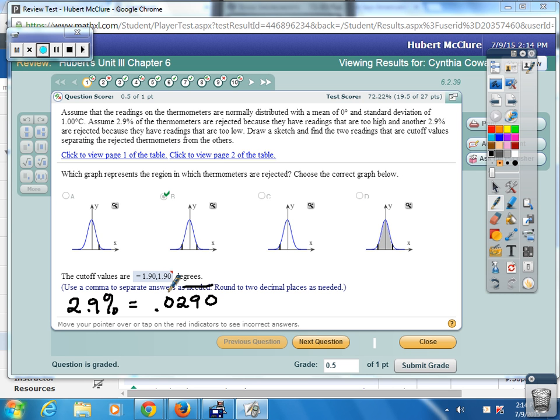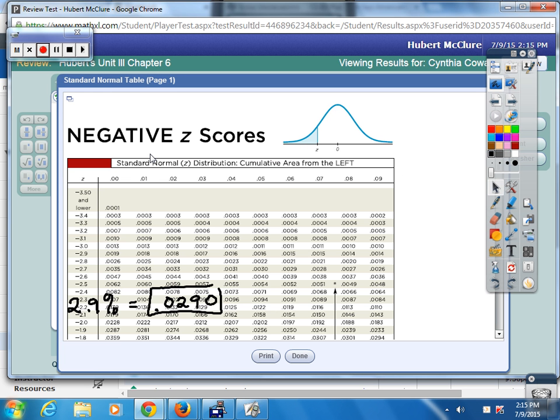So what is that? That's an area. You've got to find a z-score. Is it going to be positive or negative? Well, that's under 2.5%, so yeah, it's going to be negative. So we go to our handy dandy table and look up what?